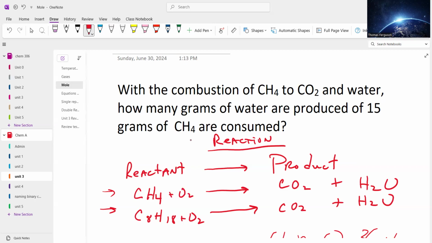Carbon, hydrogen, oxygen on the right. These aren't equal. I'm going to show you a technique to make them equal, because we have two oxygens here and one oxygen there. Tomorrow we're going to focus on totally balancing equations. I'm going to give you lots of practice. Sometimes it's trivial, other times not.